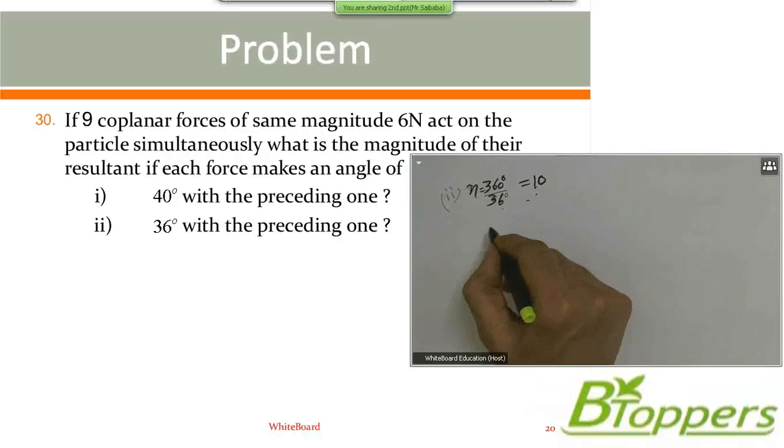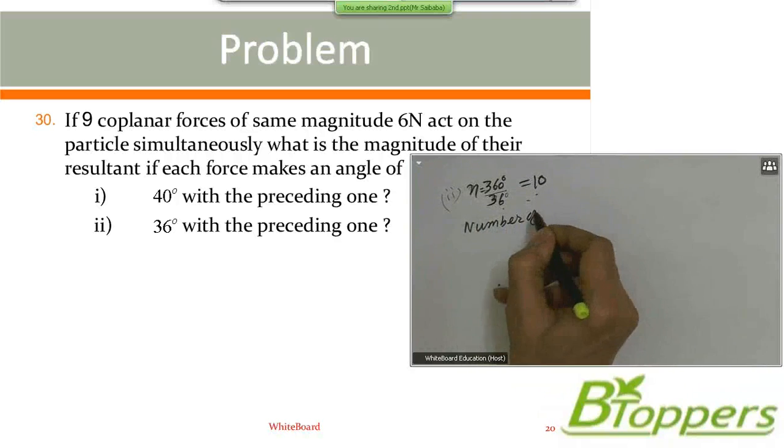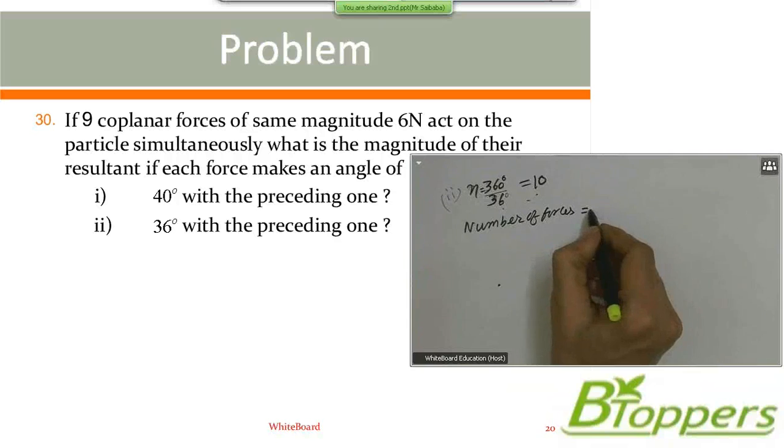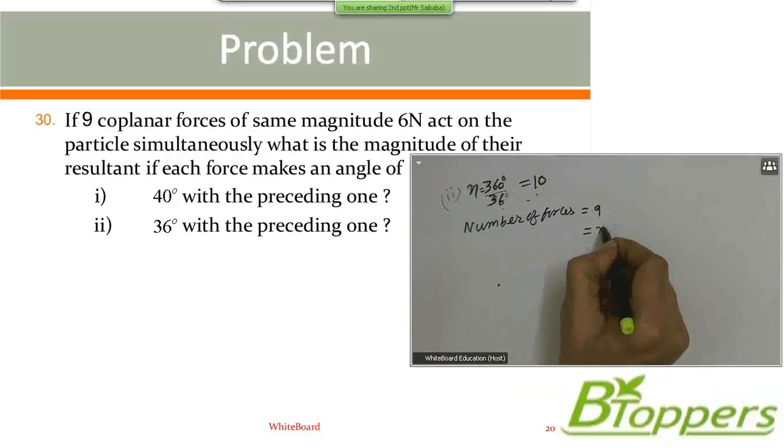But here the number of forces is not equal to n. The number of forces in this example is 9, that you can write as n minus 1. Here n equal to 10.